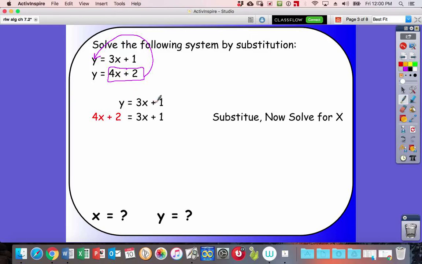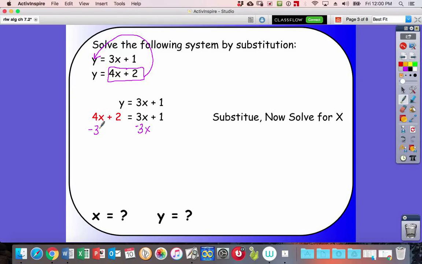So I write the first equation down, and when I put y, I'm going to take what's in that box and I'm going to put it right there. Now I'm going to use all my skills of algebra to solve for this. When I have variables on both sides, I want to get them all to one side.